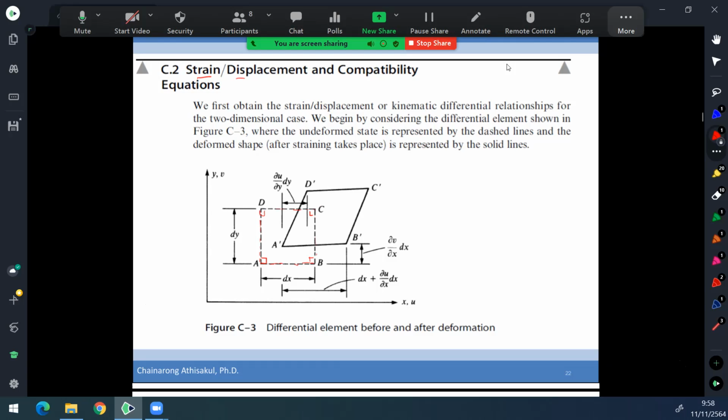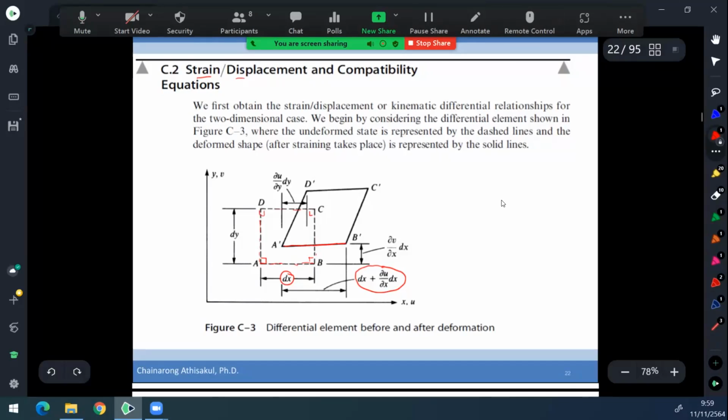We define the deformation: the length x, which is undeformed, changes to x plus an increment of deformation, that is partial u by partial x dx. This is the deformation along the x direction. In the same manner, in the y direction, it becomes dy plus partial v by partial y dy.